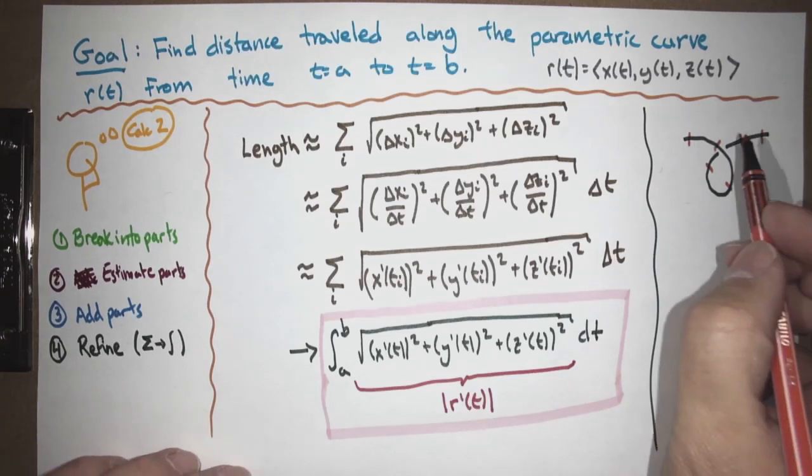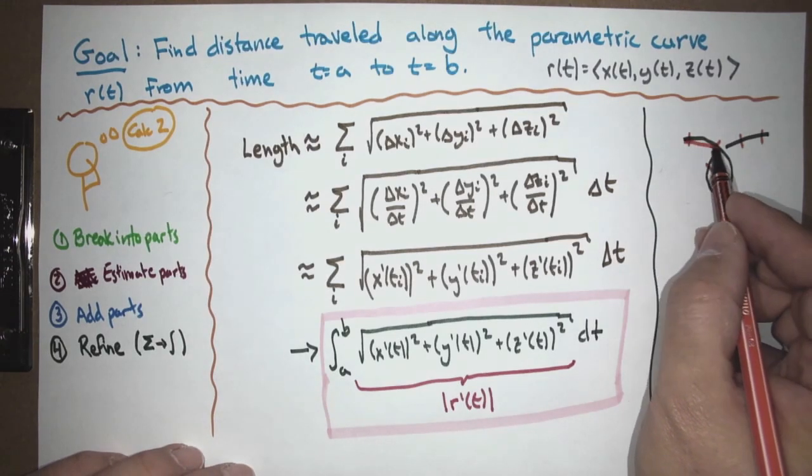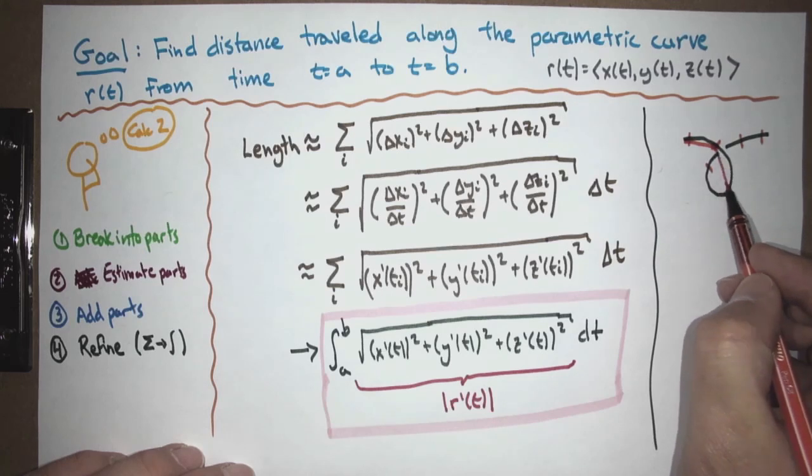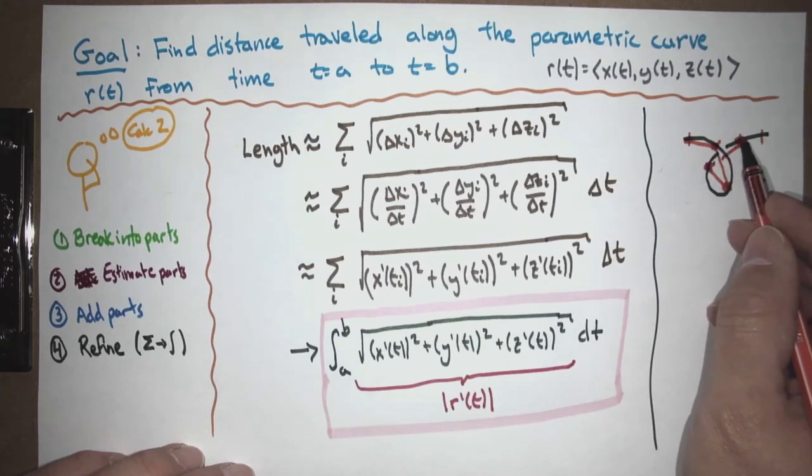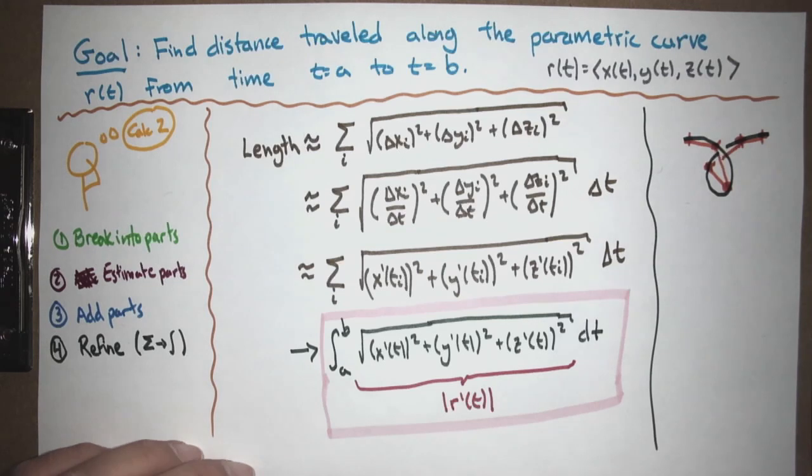So we would connect and say, imagine that I took this shape and I just connected with straight line segments at these points. And now I can find that because I know how to add up straight line segments. So I can find each individual straight line segment, I can add them up, and life is good. So that's our estimate.